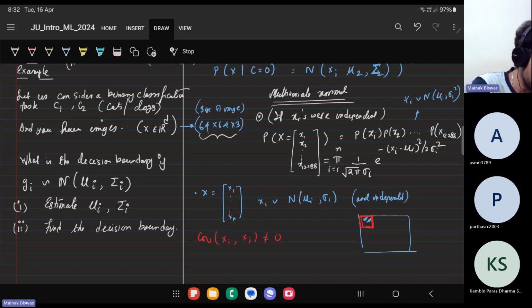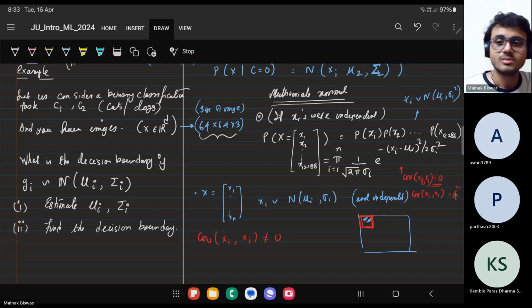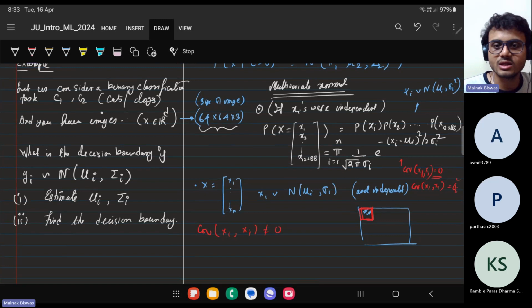In this case, covariance was 0, they were independent, so covariance of xi comma xi became sigma i squared, and all other covariances were 0.